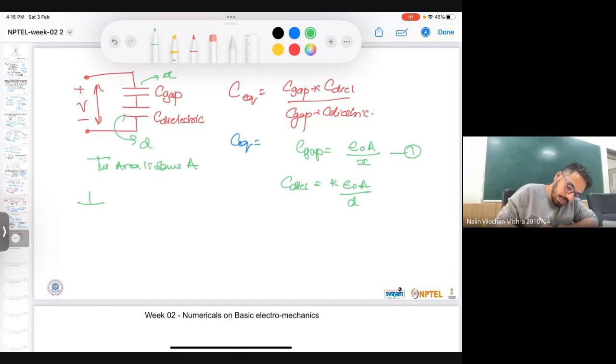So let me calculate it. The C equivalent will be 1 by C gap plus 1 by C dielectric.